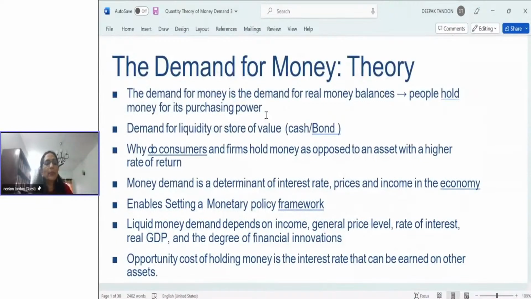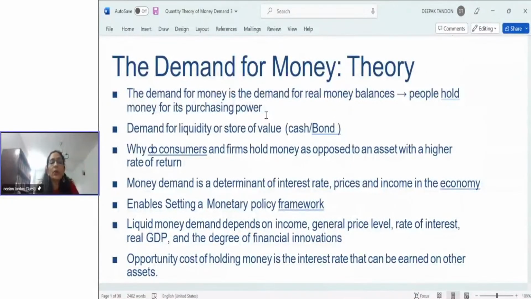Number three, you want to create assets for the future. You want to buy a machine or a bike tomorrow, or go for higher education tomorrow, so you want to have money today. So you hold money for creating assets and generating returns in the future.